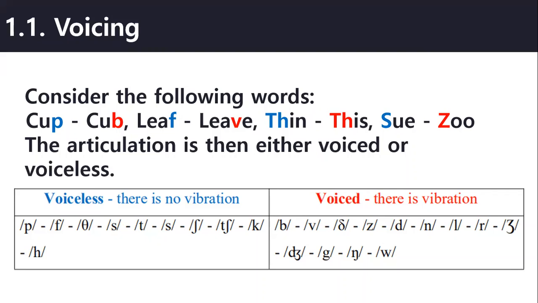And then move into the voiced, where there is a vibration and you will be able to feel it on your 2 fingers. B, v, th, z, d, n, l, r, j, g, ng, w.